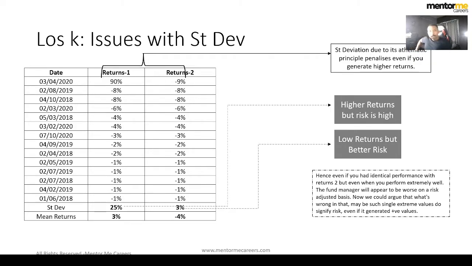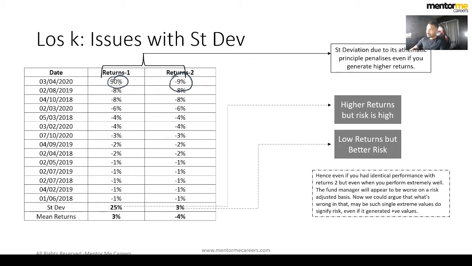Now look at the issues with standard deviation. You have to understand that standard deviation also is finally on the additive principle. I've plotted two data points here. Everything is the same apart from this one value here, which is the outlier in case of return 1.